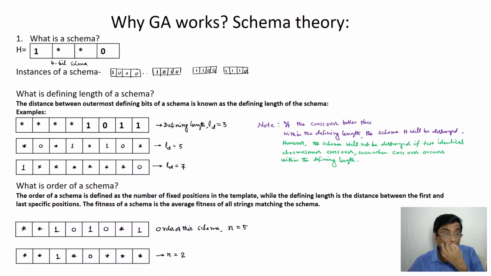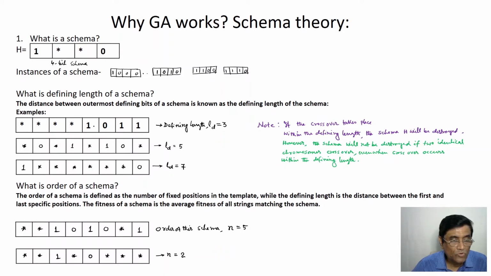Now we need to know some useful definitions. What is the defining length of a schema? It is the distance between the outermost defining bits of a schema. Okay, so the distance between the outermost defining bits. So here, see, these are the stars. So these are called defining bits. 1, 2, 3.